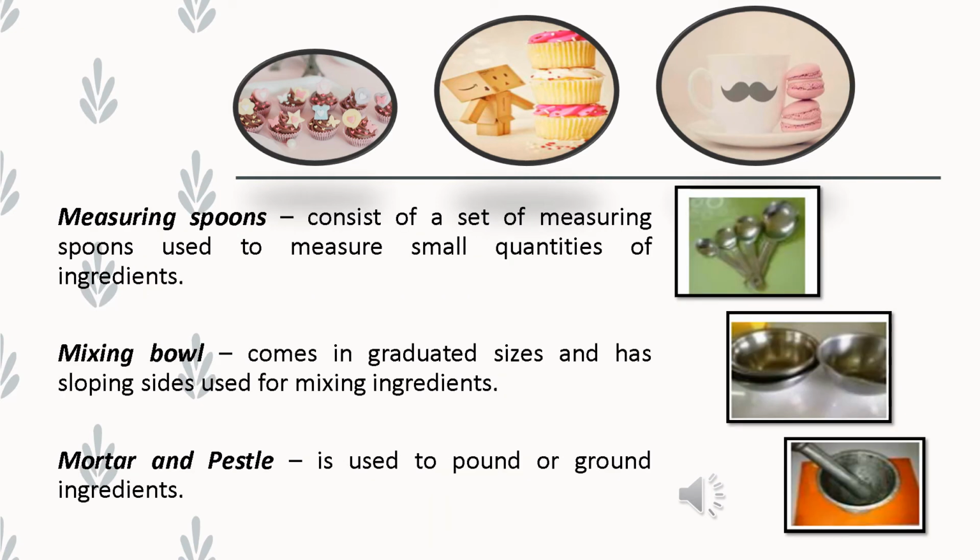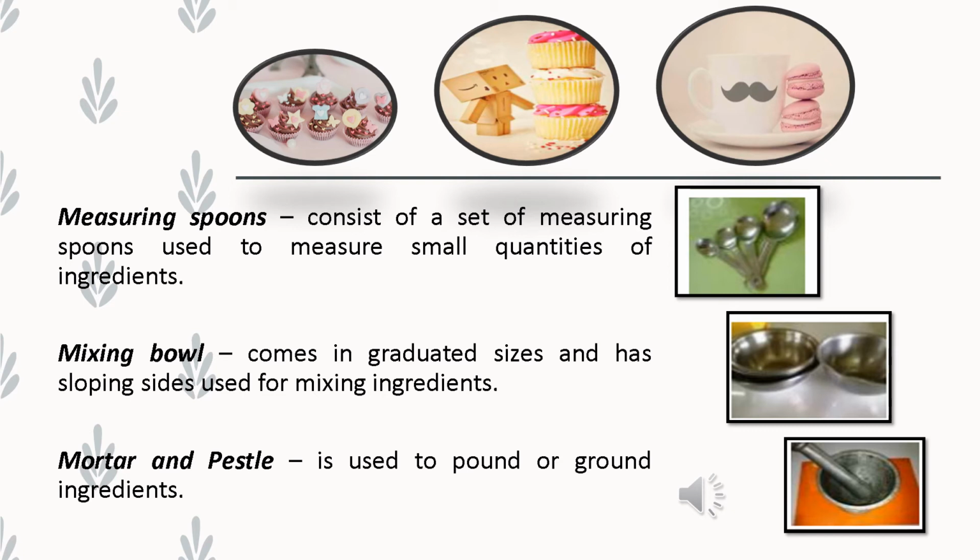Measuring spoons is another type of measuring tool, which consists of a set of measuring spoons used to measure small quantities or small amount of ingredients. Next, mixing bowl. It comes in graduated sizes and has sloping sides used for mixing ingredients.